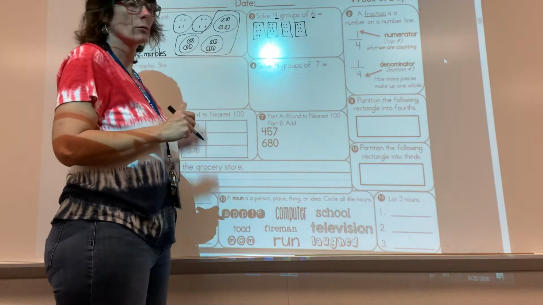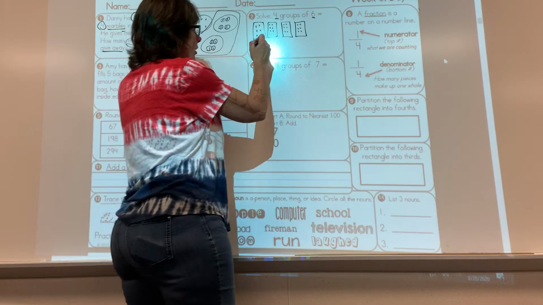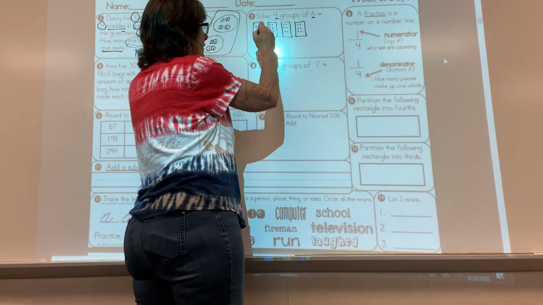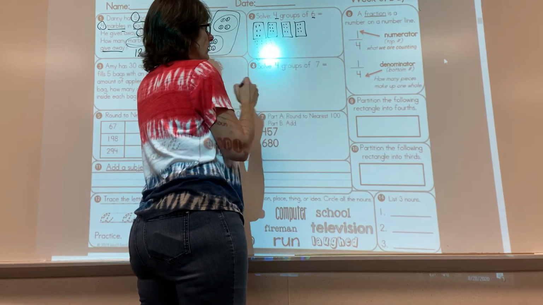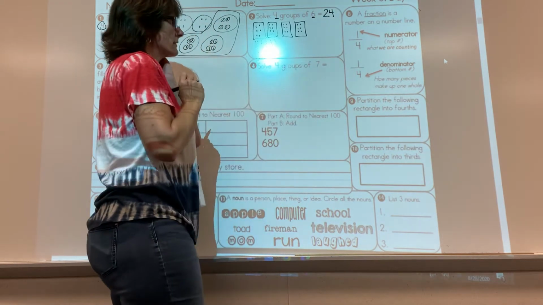Either picture will work, groups or rows. And if I count all of those boxes together, I get 24 little dots.